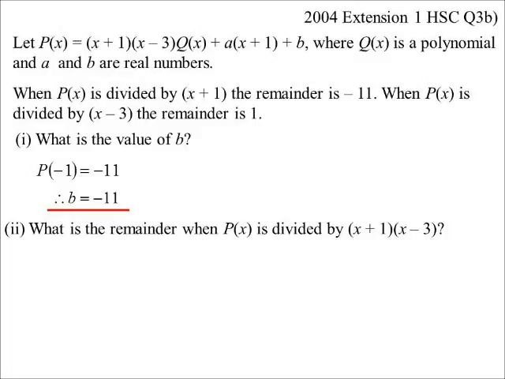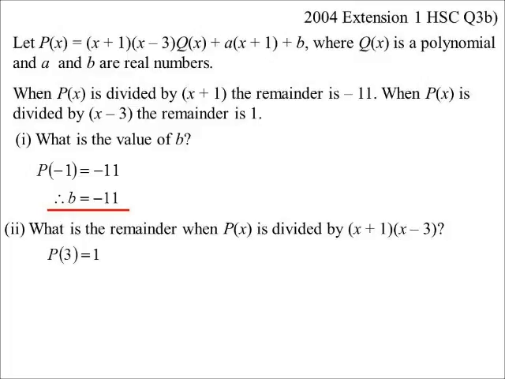What's the remainder when it's divided by (x plus 1)(x minus 3)? Well, now we're going to have to find a. Because if you look at how it's set up, the remainder is a(x plus 1) plus b, because over here, it's multiplied by (x plus 1)(x minus 3). So if I can find a, let's use the other piece of information.